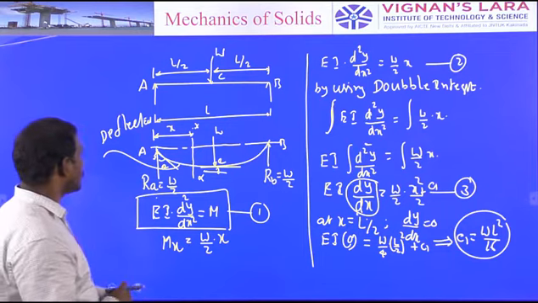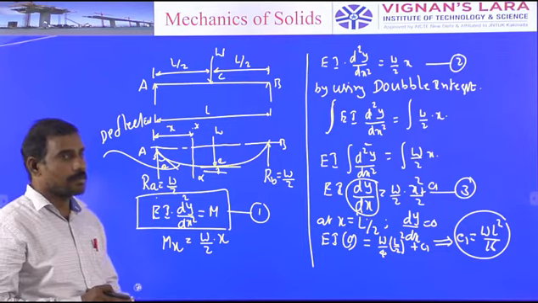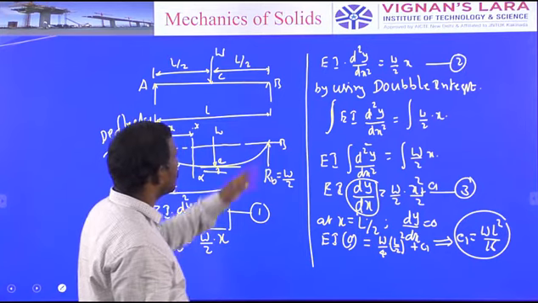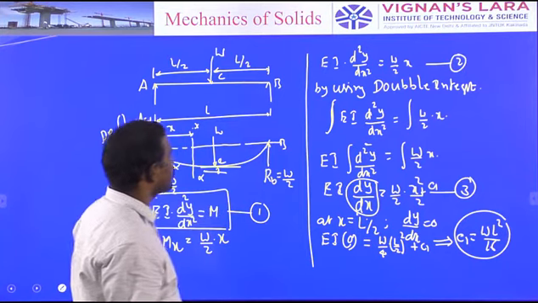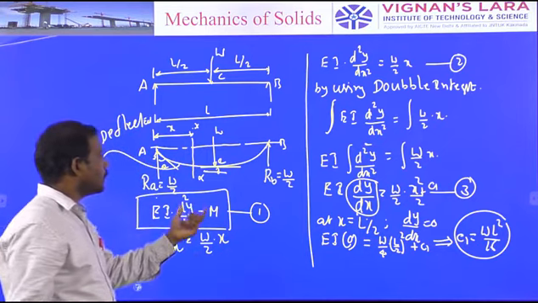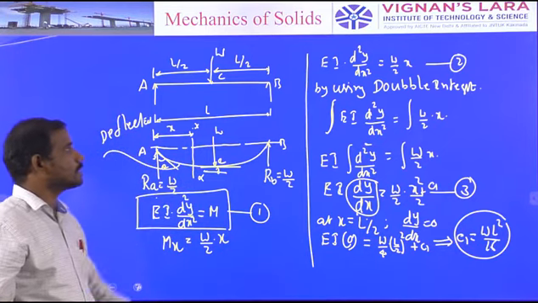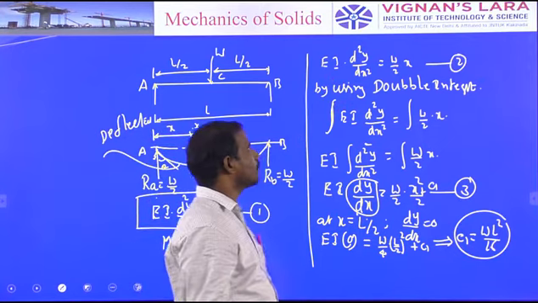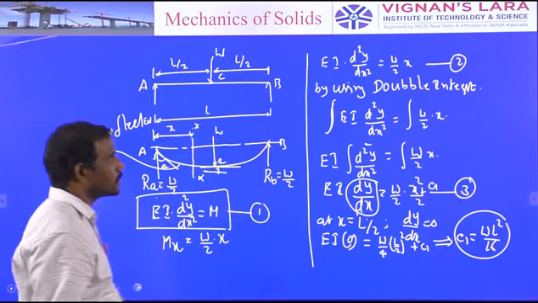Initially we have to find out the reaction forces subject to the conditions, then formulate the bending moment equation and substitute in equation number 1. In this particular case of the simply supported beam, the equation becomes EI into d square y by dx square is equal to W by 2 into x.